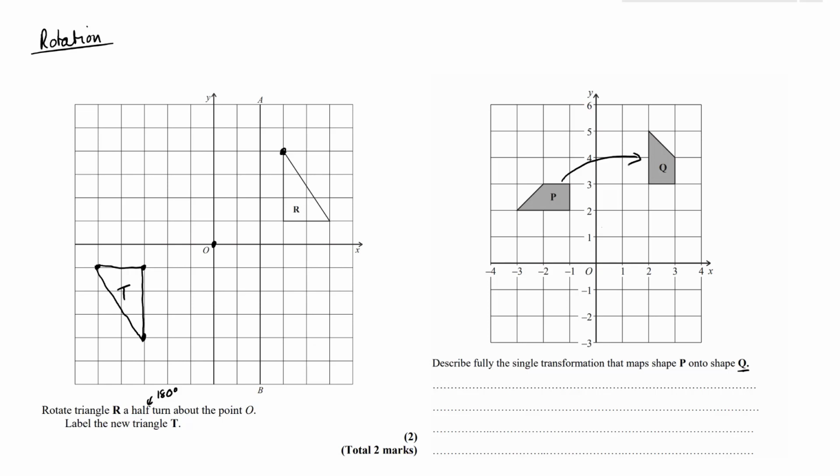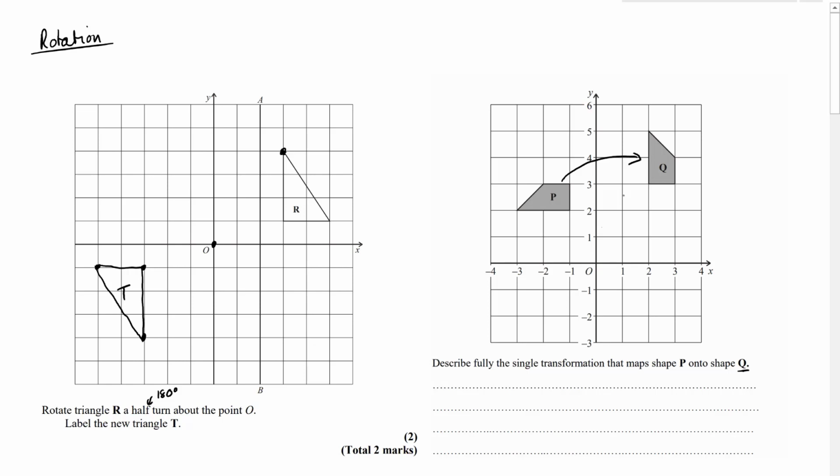The only two that will change the shape or the orientation of the shape would be rotation and reflection, since translation is we're taking the shape and we're just moving it around, and enlargement is we'd look for the shape being bigger or smaller. If it's the same size, we have to then choose whether it's reflection or whether it's rotation.